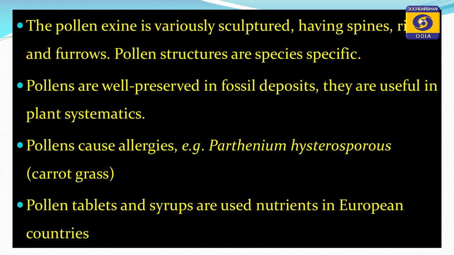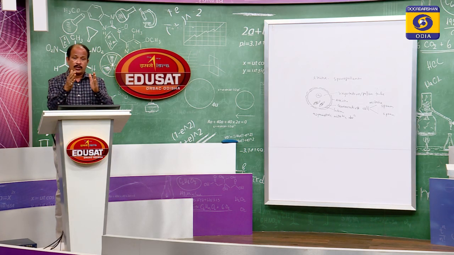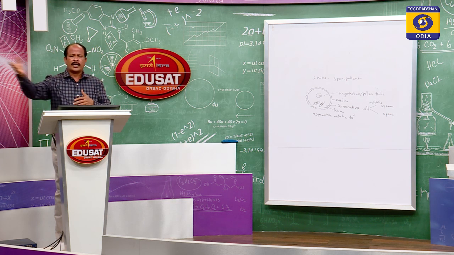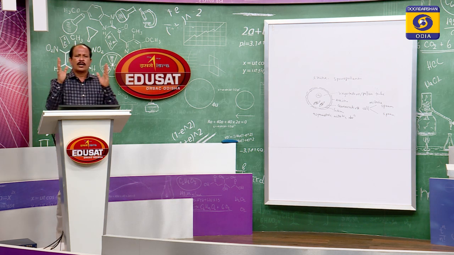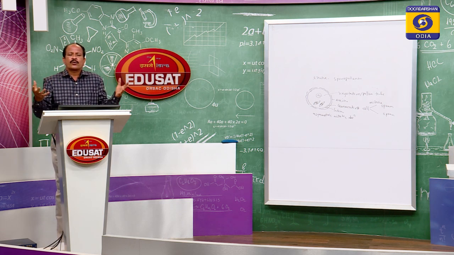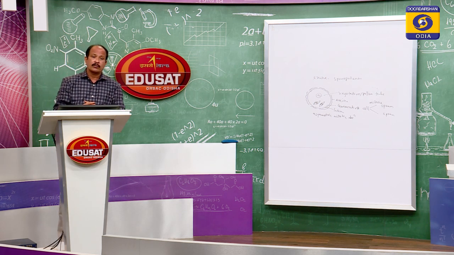For that reason probably it is called congress grass. Parthenium is a weed. This grows in the rail lines and elsewhere. Their pollens cause allergies. Some people sneeze often because of pollen, because pollens are allergic to some people.